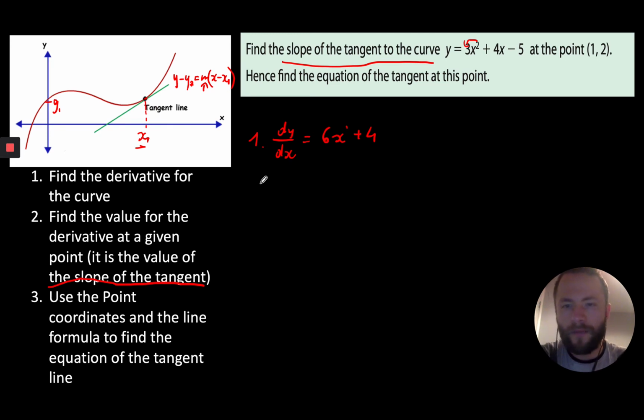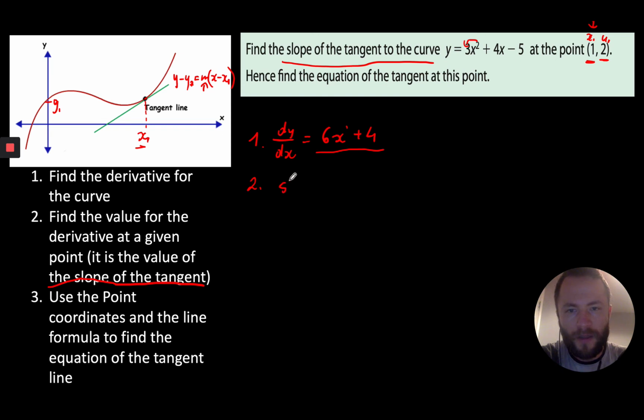Now, step 2, we have to find the value of the derivative at a given point. So our given point has coordinates of 1 and 2. This is the x coordinate, x1, and this is the y1 coordinate. We're going to use that x number in the formula we got from our derivative to find the slope.